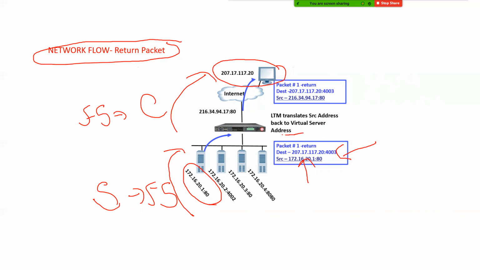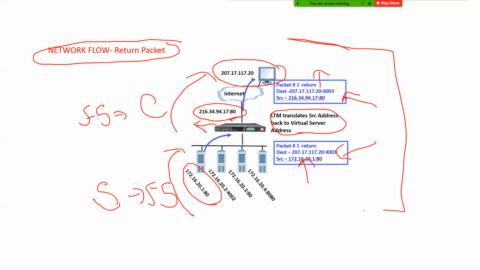In this case, LTM will translate the source address back to your virtual server. So in F5 to the client, your source address would be translated back to your virtual server. The source was the server IP address, and it will be translated to 216.34.94.17, and your destination would be the same client IP address.